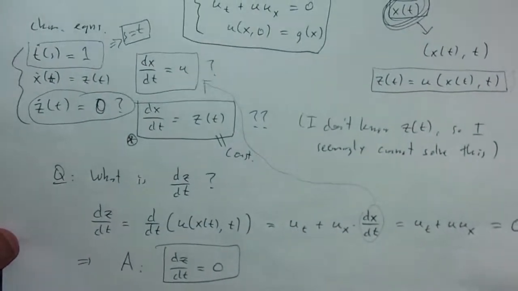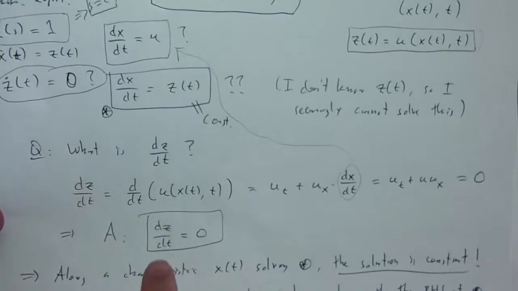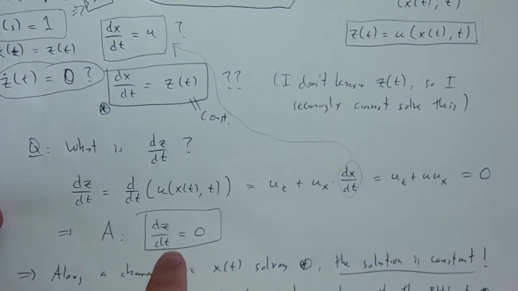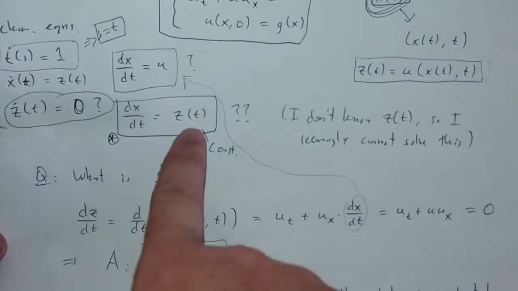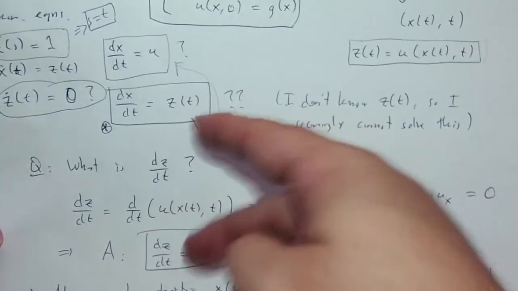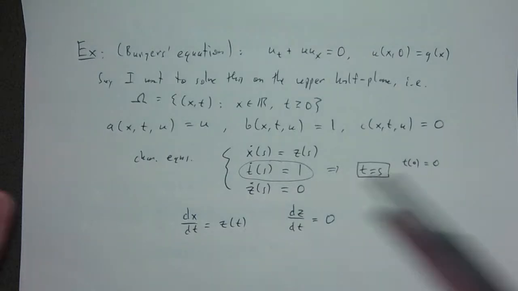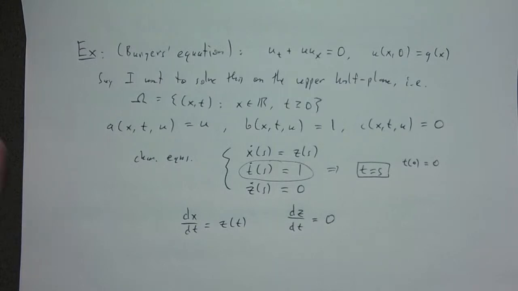Notice, what did we get when we originally considered Burgers equation? dz/dt is equal to 0, and dx/dt is equal to z of t. So we actually got these without directly referencing this process, but it didn't matter, right? So we still arrived here. Now, what are the initial conditions here?